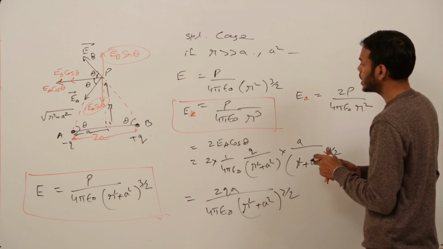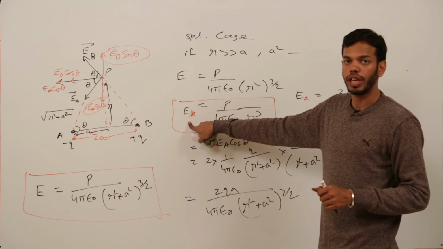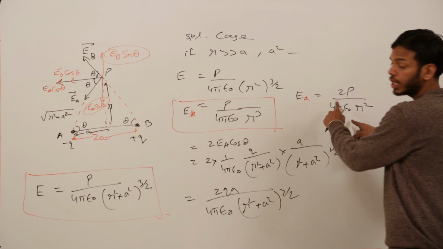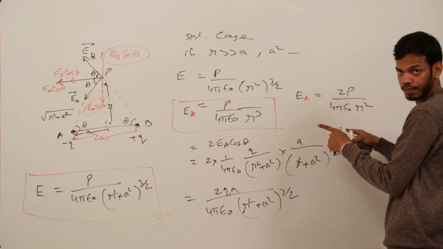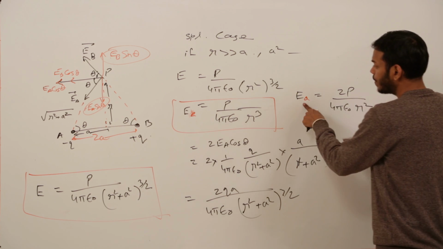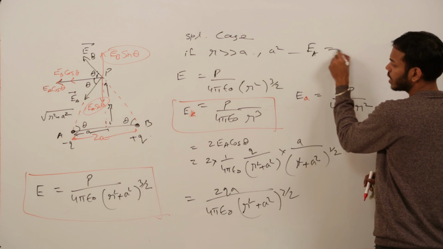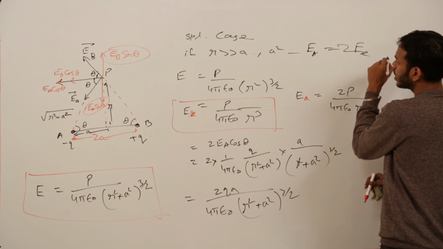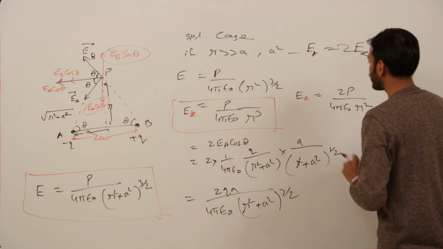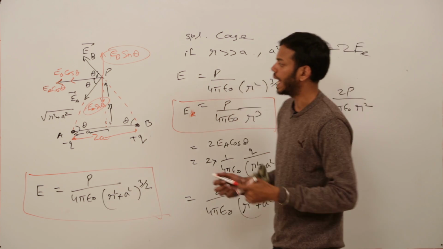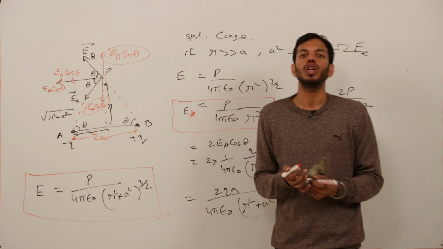So what is the relation? Is electric field on equatorial point twice the electric field on axial point? Reverse it. Electric field on axial point is twice the electric field on equatorial point. So that concludes the formulas for electric dipole.